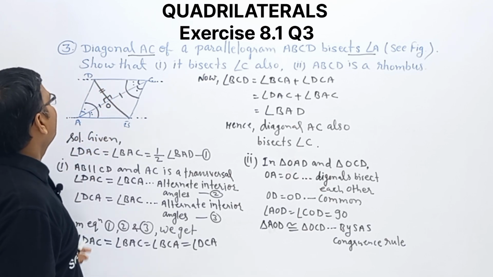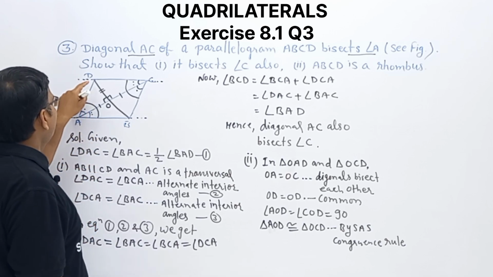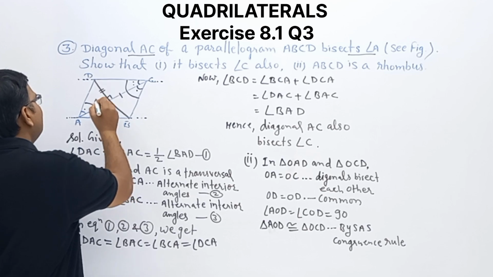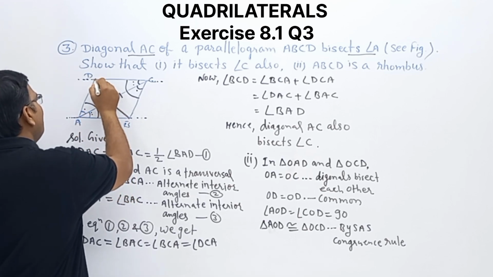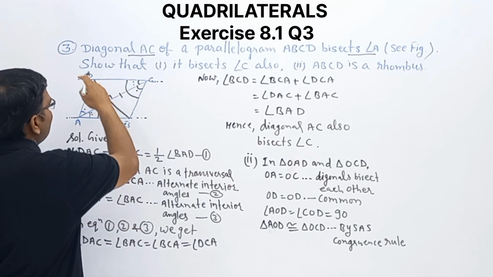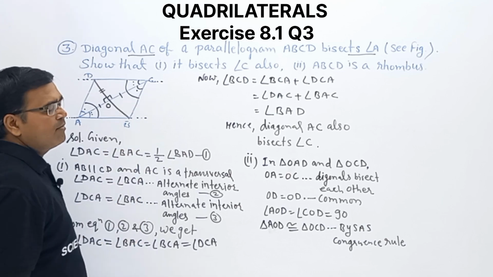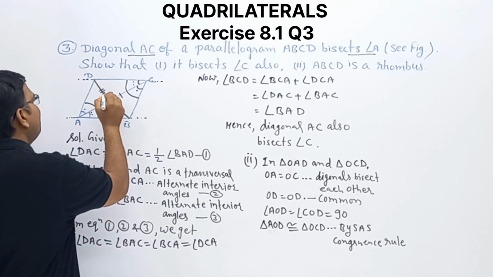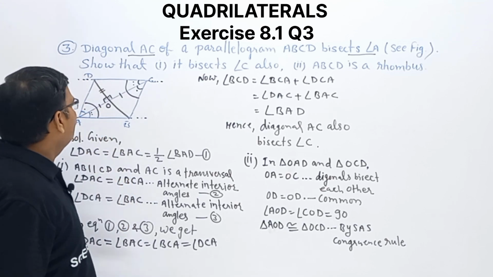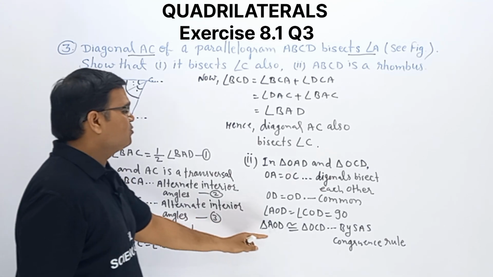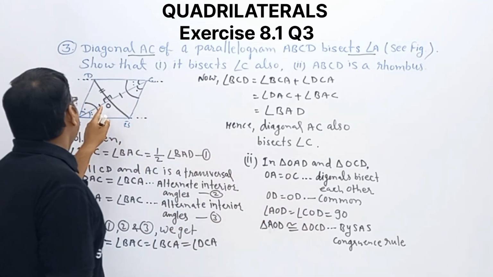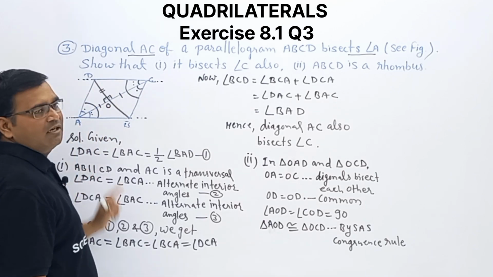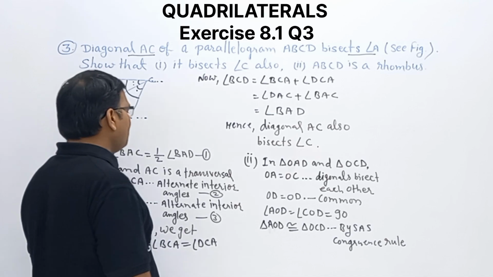Clear? And another thing we can say, in both triangles OD is common, and next, these diagonals are bisecting perpendicularly, so this angle will be equal to this one. So from the side angle side congruence rule, we proved that triangle OAD is congruent to triangle OCD. Clear? These two triangles are congruent.